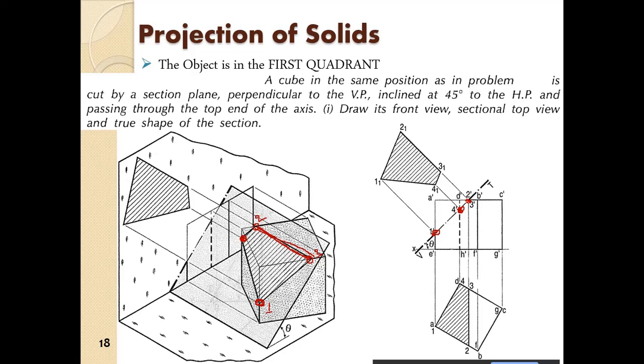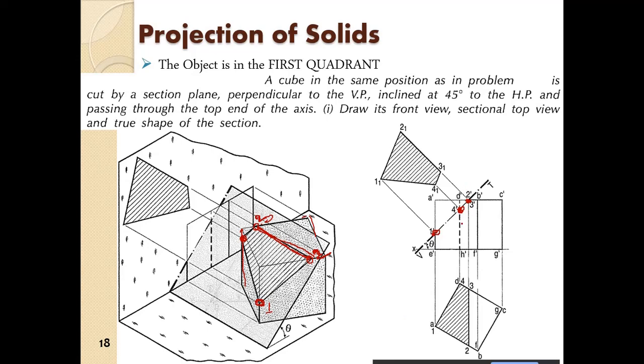I have drawn this line over here. 4 dash is basically the intersection between the DH and the plane of intersection, and 2 and 3 will be on the top face of the cube. Sorry, 3 will be hidden behind 2. So here 2 is outside, so this is 2 and this is 3.